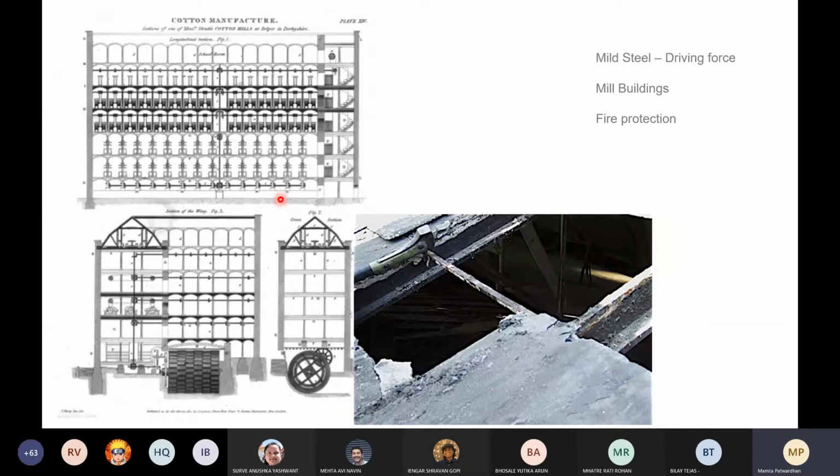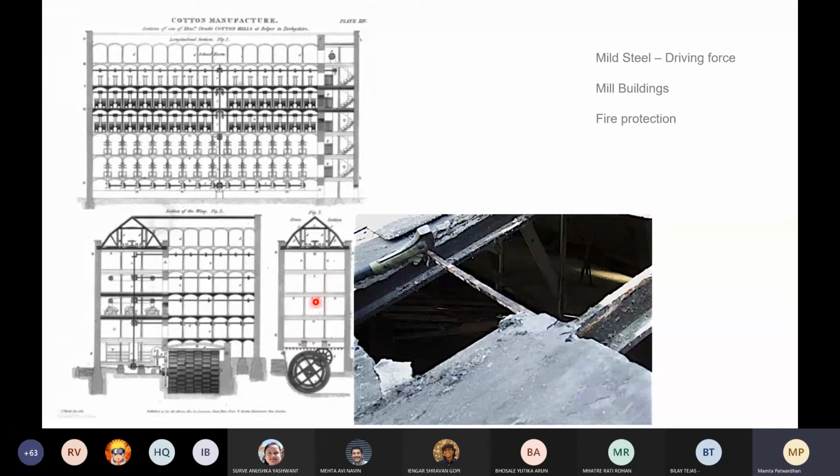But what happened here is then you have to deal with the aspect of fire wherever timber is concerned, correct? So this building had brick arches which spanned the heavy timber beams, and they were supported with cast iron columns. Now what you have to understand about this material of cast iron is the fact that cast iron is very good in compression, right?